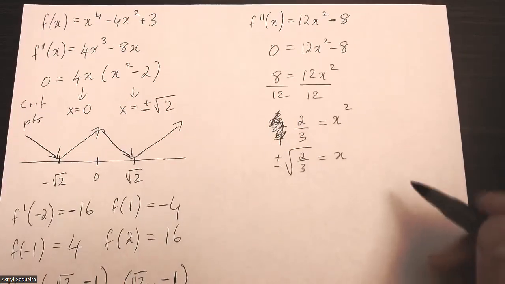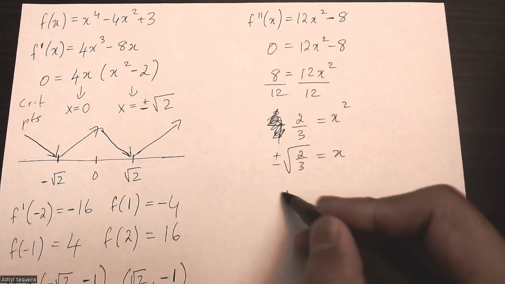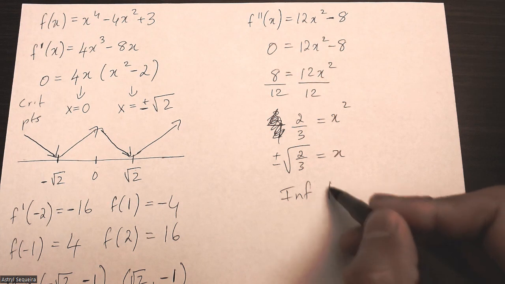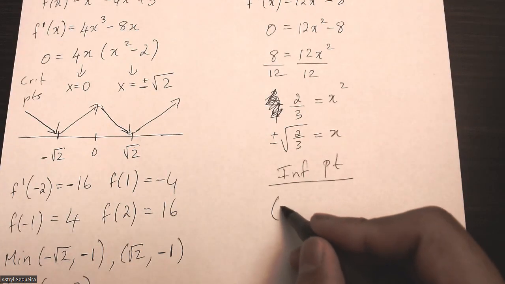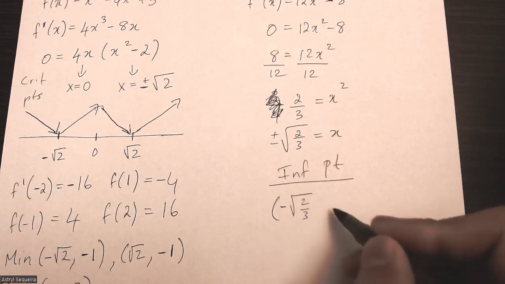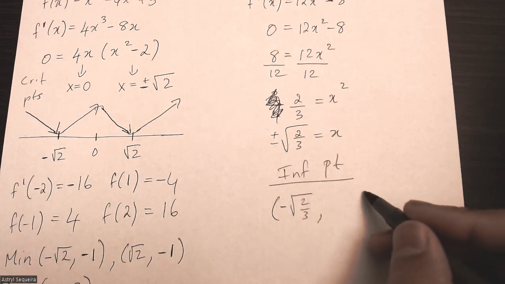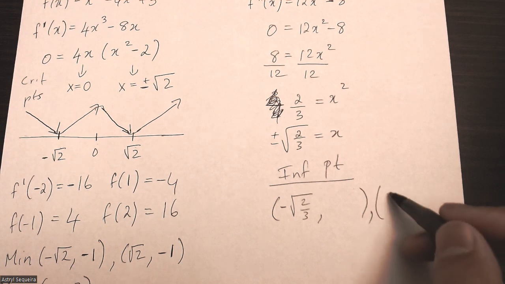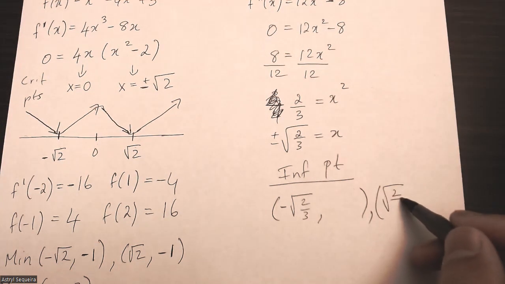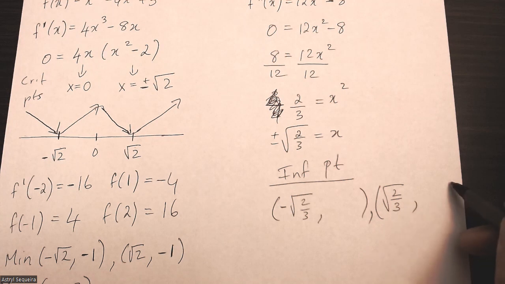And then find the y value. So my inflection point has an x value of negative root 2 over 3. And then it's going to have a second inflection point with positive root 2 over 3. And then I just have to find the y values of these. So I'll sub these in the original equation in my calculator.